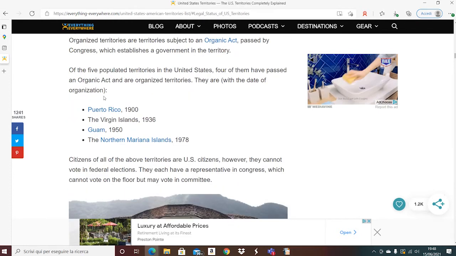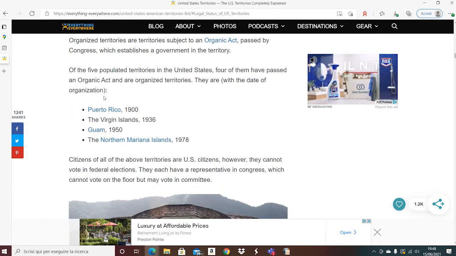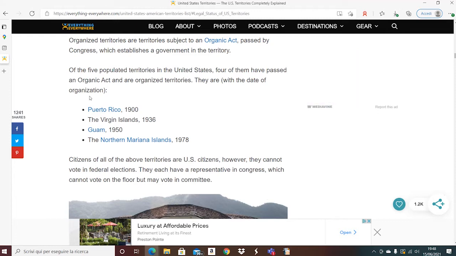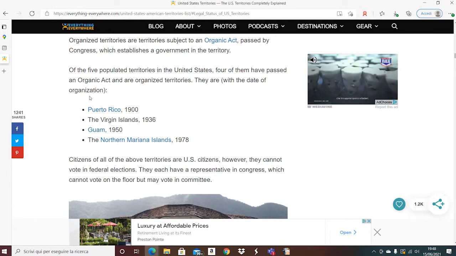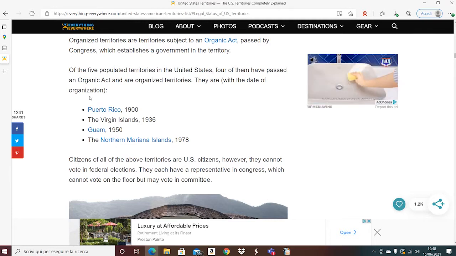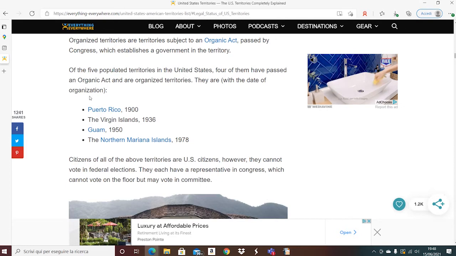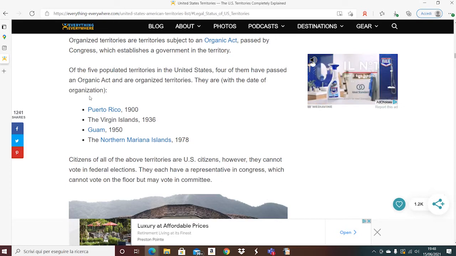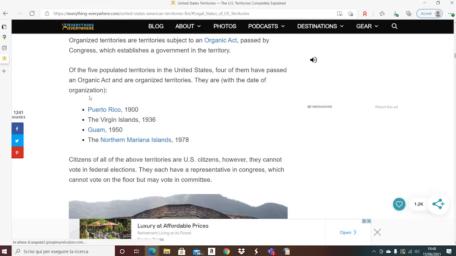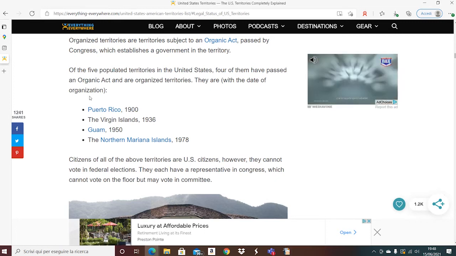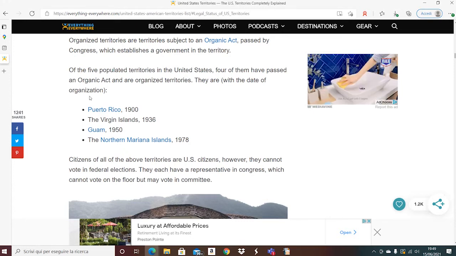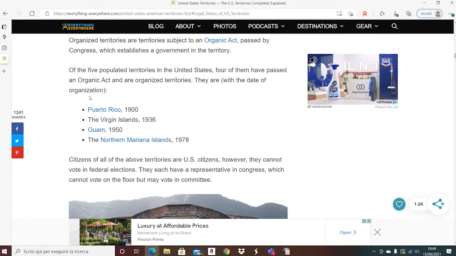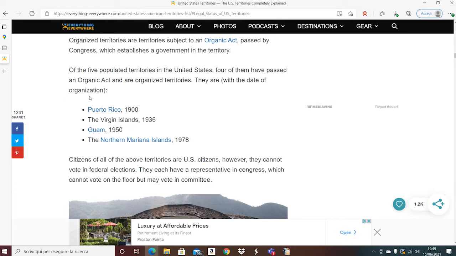They are, with the date of organization: Puerto Rico in 1900, the Virgin Islands, 1936, Guam, 1950, and the Northern Mariana Islands in 1978.